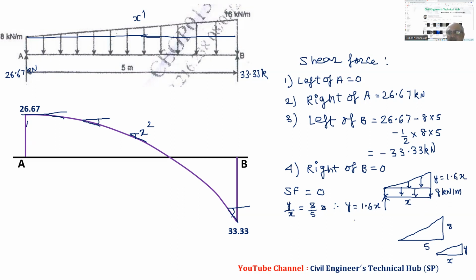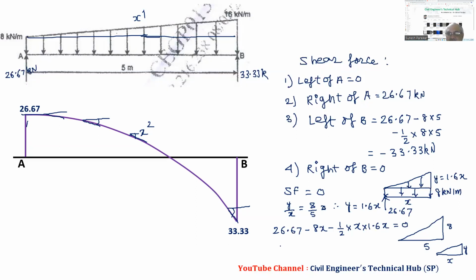Now we have the reaction as 26.67, so we apply summation Fy equal to 0. So we have 26.67 minus 8x minus 1/2 into base x and height y, so 1/2 x y, and we have the value of y as 1.6x.